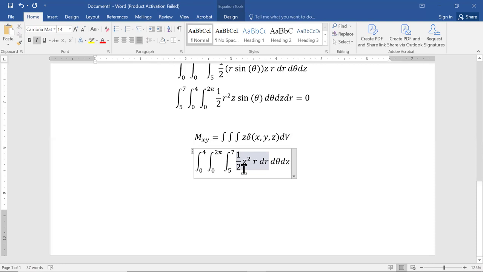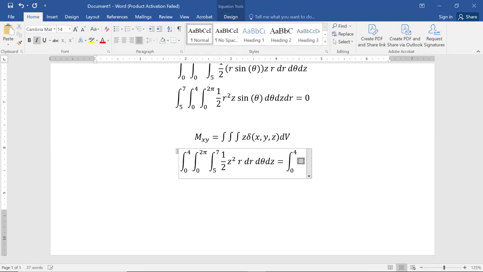Integrating 1/2 r from 5 to 7 will give me 6. So I'm ending up with a double integration: a Z value from 0 to 4, and then a theta value from 0 to 2 pi.